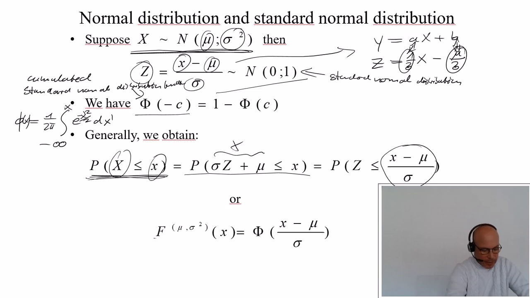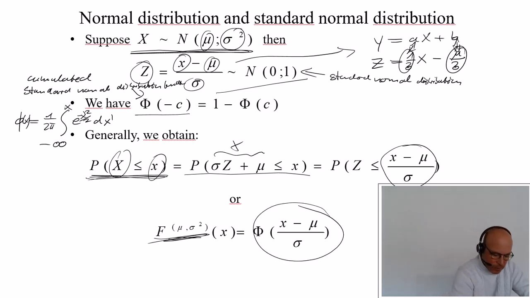And this means our general normal cumulative distribution function we can directly express via the standard normal distribution function. So this is standard.